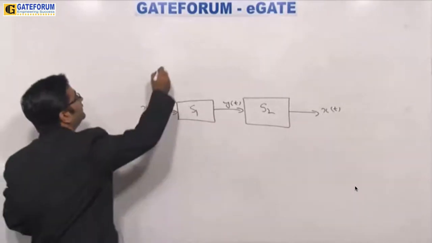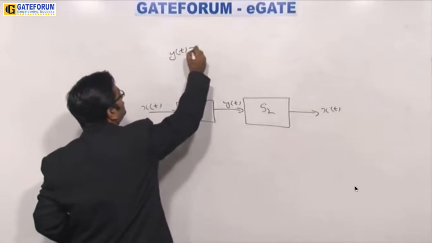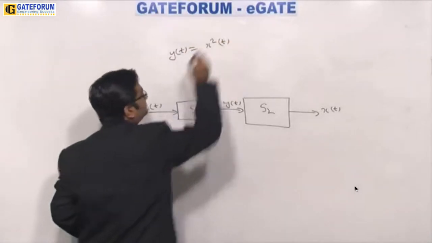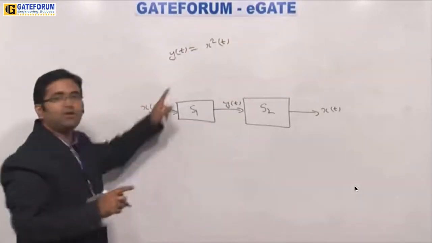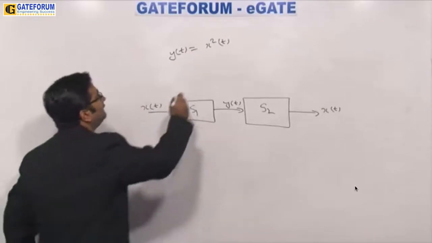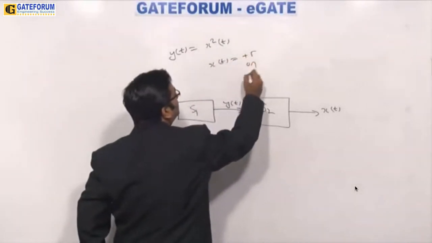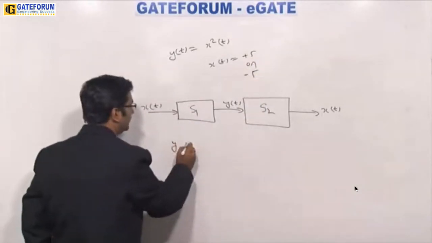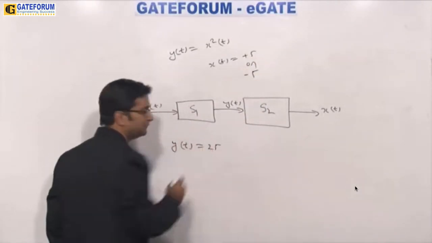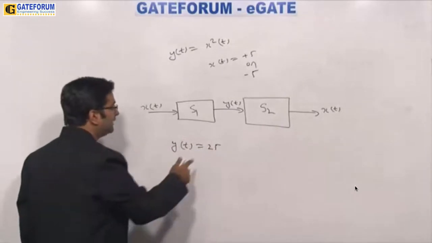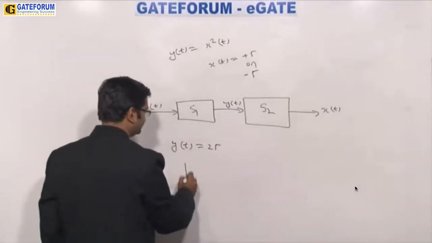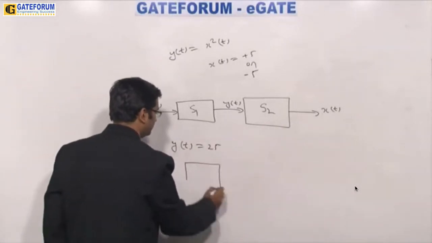For example, let's take y of t equals x squared of t. Okay. Now this is not an invertible system. Why? Because if I put x of t equal to plus 5 or minus 5, I am going to get y of t equals 25.